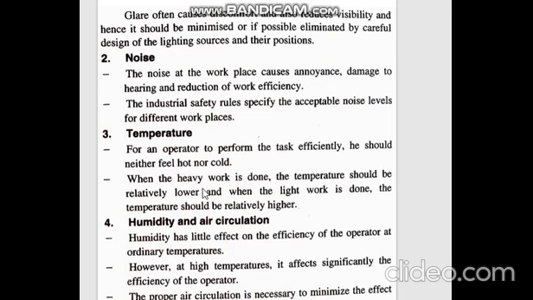When heavy work is done, the temperature should be relatively lower, and when light work is done, the temperature should be relatively higher. So that is the reason centralized air conditioning is used. People who are sitting in air conditioning can think properly, can interact properly, and can do their work more efficiently.